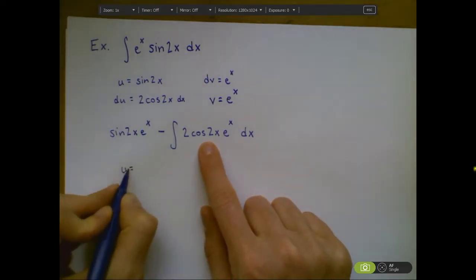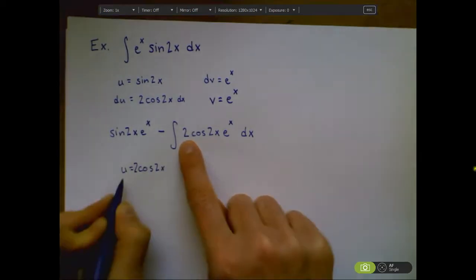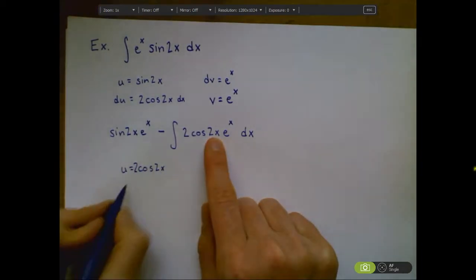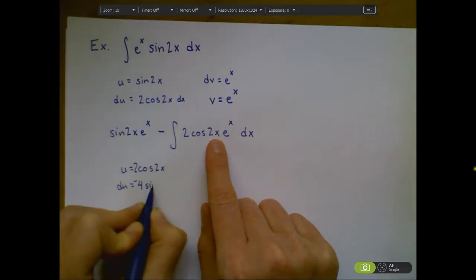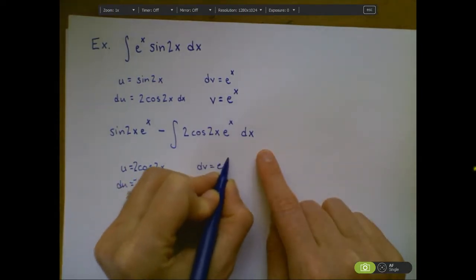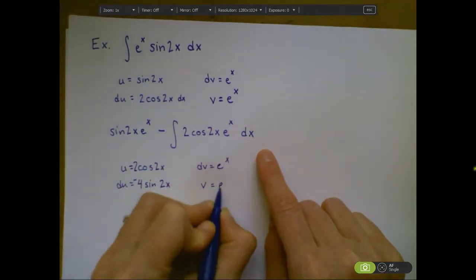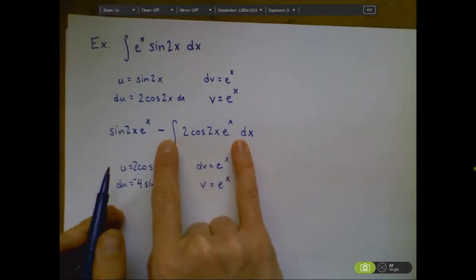Again, letting u equal cosine of 2x. Maybe I'll put the 2 here. 2 cosine 2x. So then du would be equal to negative 4 sine of 2x. dv is equal to e to the x. v is equal to e to the x. And we do by parts again, just for this piece of the integral.